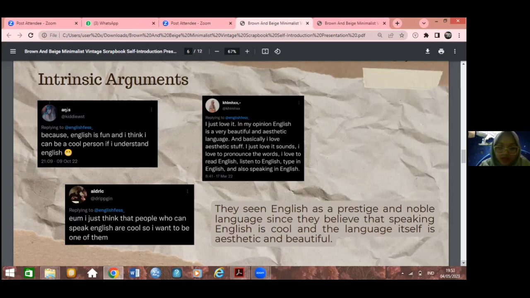And then another said that English is a very beautiful and aesthetic language, which shows the intrinsic arguments that they see English as a prestigious and noble language, because they believe that speaking English or knowing English is cool and the language itself is beautiful. Next slide, please.